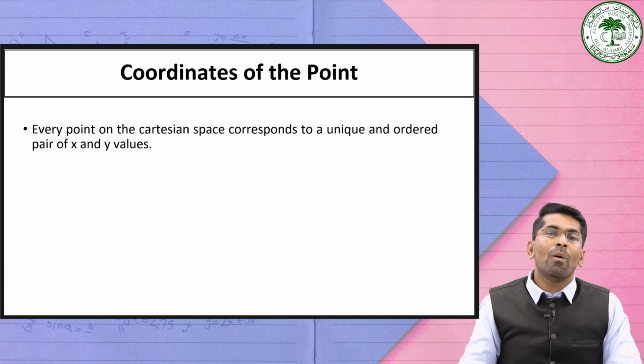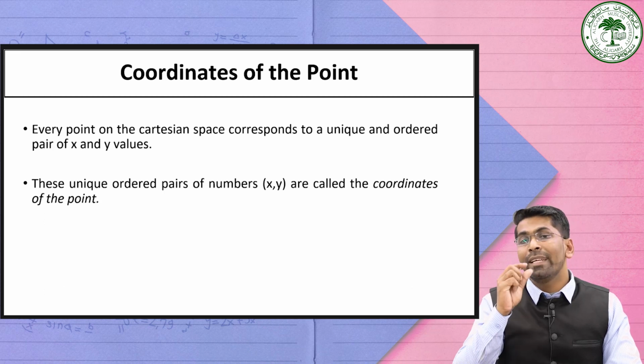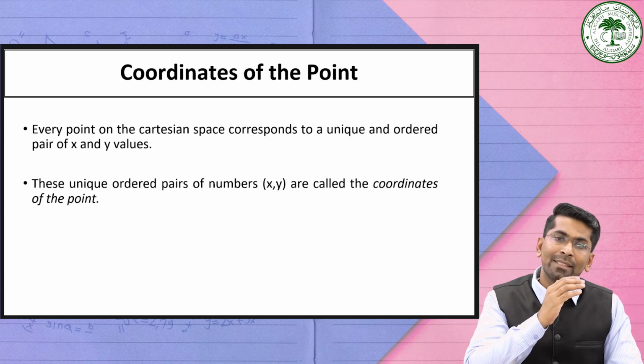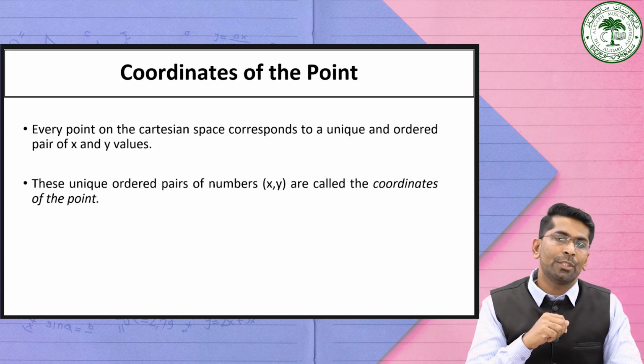These unique ordered pairs of numbers, for example x and y values, are called the coordinates of the point. It is ordered because the order shows its distance from the axis, with the appropriate sign also attached.